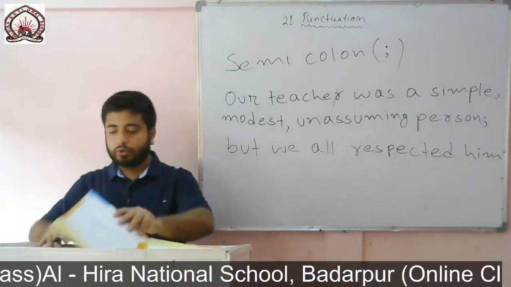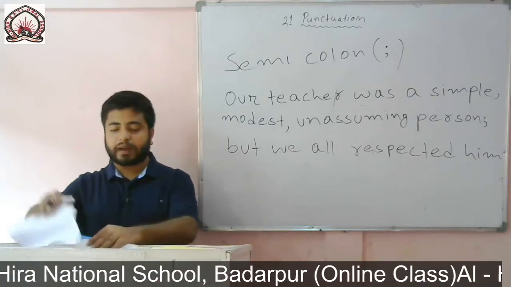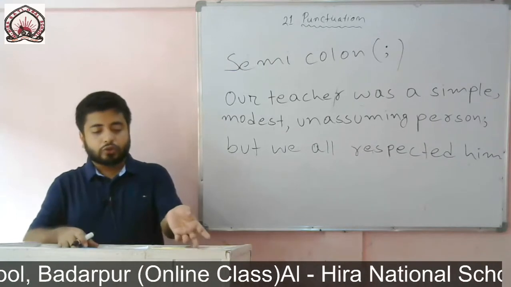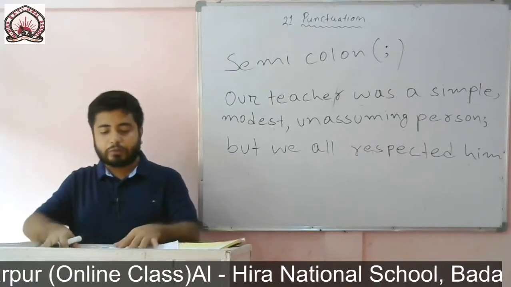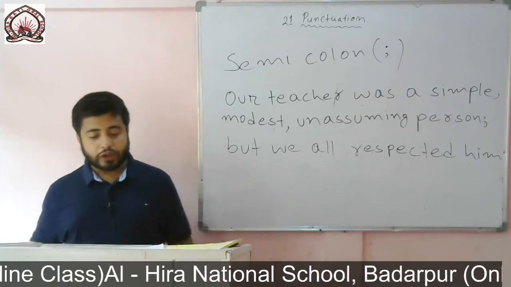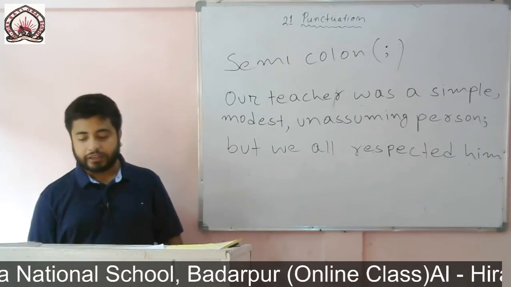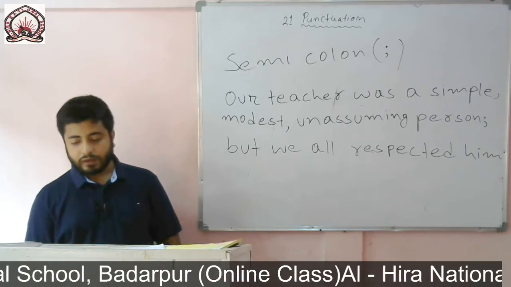We are to use a semicolon to separate the clauses of a compound sentence. The condition is if they contain a comma. Compound sentences are connected by a coordinating conjunction, so it connects the clauses.